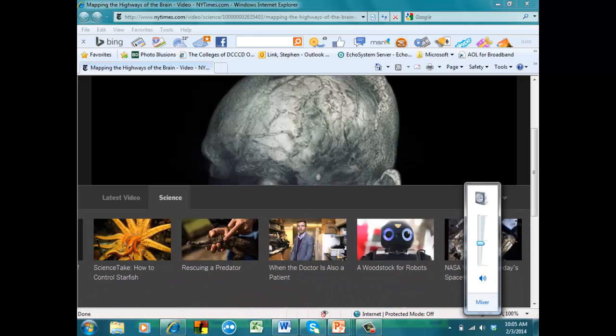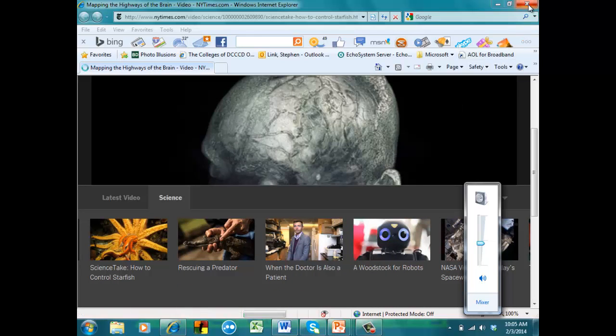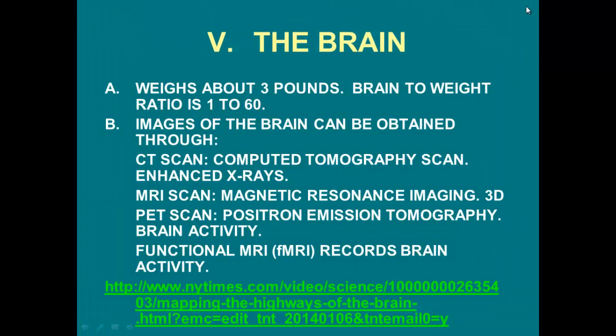So I want to show you that because not only are they figuring out how the brain is working, but now what they're doing with this study, they want to see how those neurons are all connected to each other. And that, I don't know how many decades it's going to take them to do that, because you just think about the billions of connections that are there.